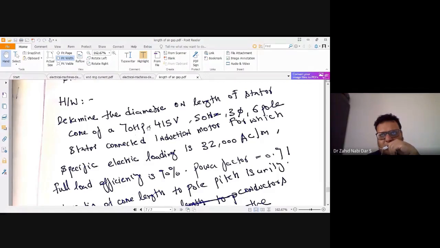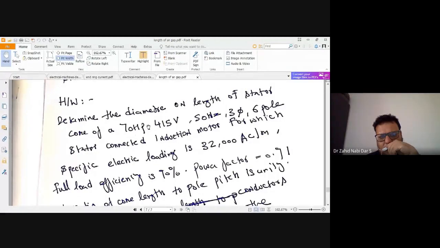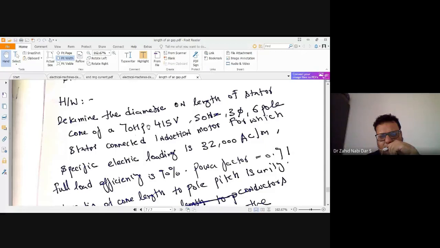Stop chit chatting. I want Santosh only. So 1 HP is how much? Sir, 735.5. See, earlier it used to be 746 when I was a young kid.